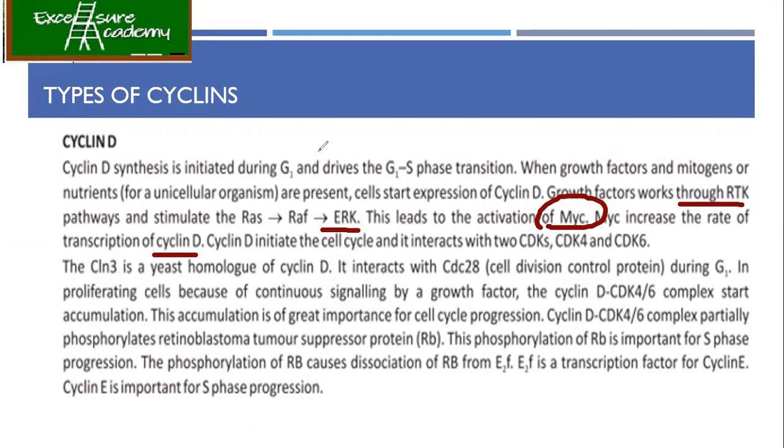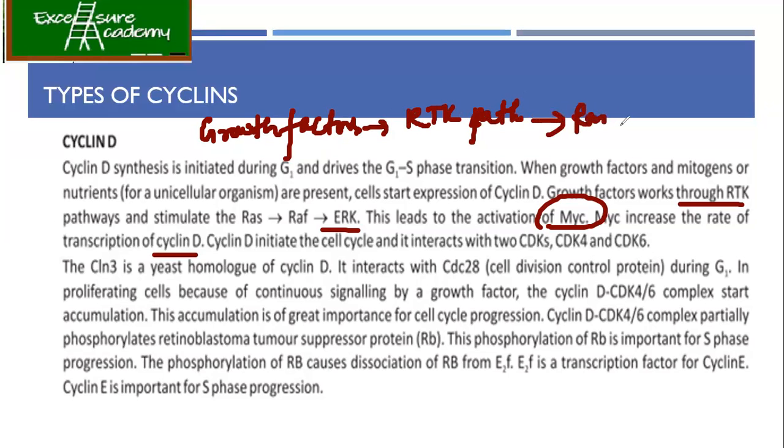So what is happening? You know that in the surrounding of the cell, growth factors are present. Now these growth factors will initiate your RTK pathways, which will stimulate your RAS pathway. And now this will increase the concentration of MYC, which is a transcription factor, and this will increase the transcription of cyclin D. Okay.